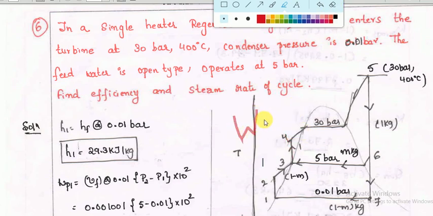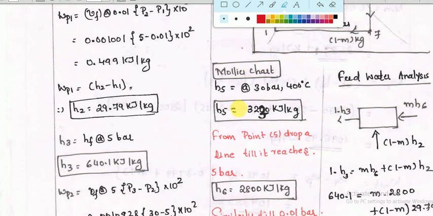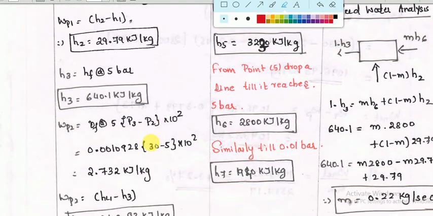Pump number 2 lies between points 3 and 4, and the pressures are 30 bar and 5 bar. So we substitute 30 bar and 5 bar, and note down the volume of the fluid at 5 bar.